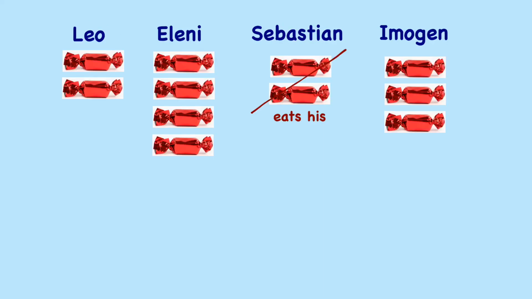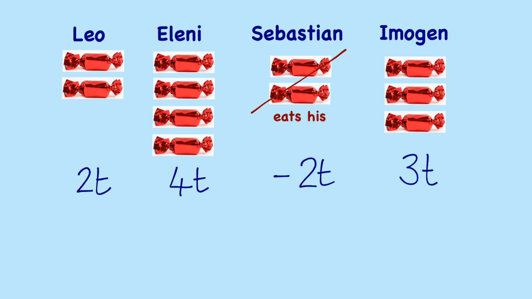Let's say a different group of children had some sweets, and this time we'll use the letter T to represent the sweets. So we can see that Leo has 2T, Eleni has 4T, Sebastian, now he had 2T, but he's eaten his, so we're going to say minus 2T, and Imogen has 3T.